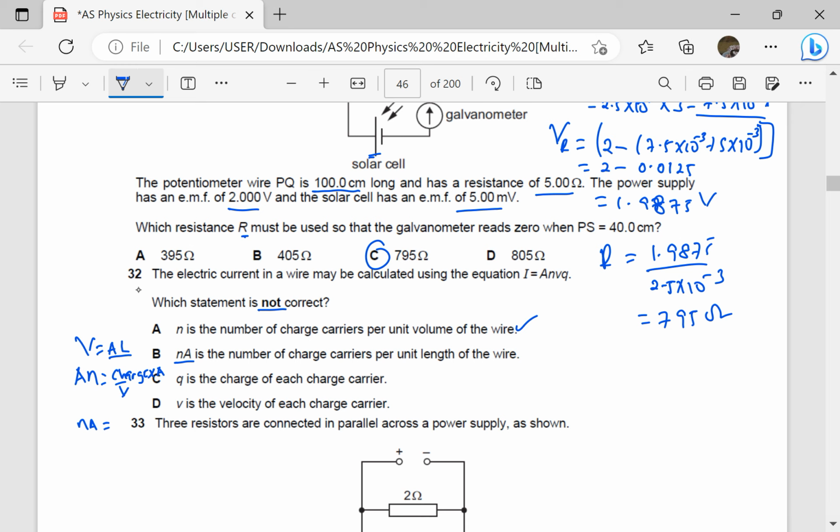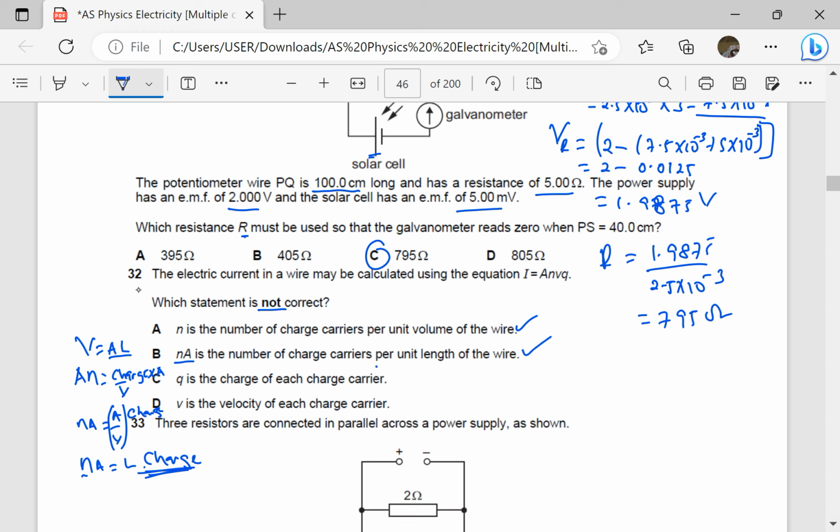On this side I have the number of charge carriers, area over volume, which is 1 over L. So NA is the number of charge carriers per unit length. Remember, A over volume is 1 over L, so NA equals the number of charge carriers over L. So the number of charge carriers is NAL, so this is also correct.